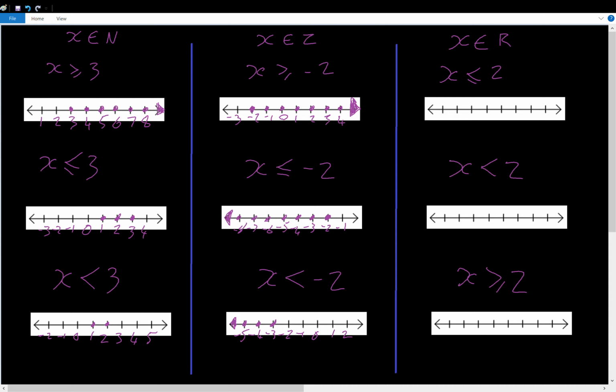In the next setup, these are rational numbers, and these are a little bit different than the others because we're not just putting dots on numbers anymore. So we'll take a look at x is less than or equal to 2 and see how that goes to start with. So if we fill in our number line, we'll have minus 2, minus 1, 0, 1, 2, 3, 4, and 5. We're going x is less than or equal to 2, so we're going to put a solid filled in dot on 2.